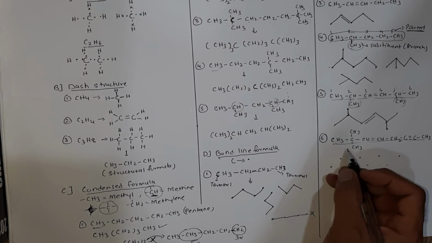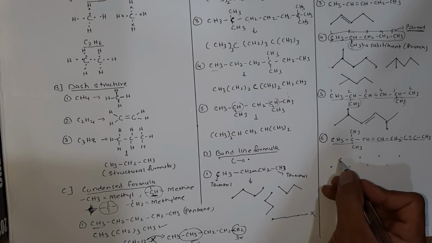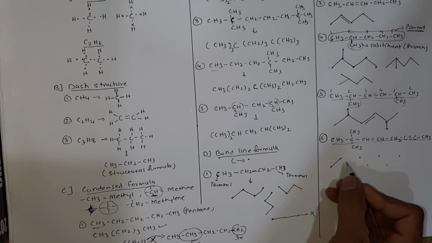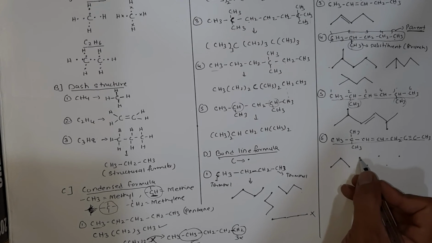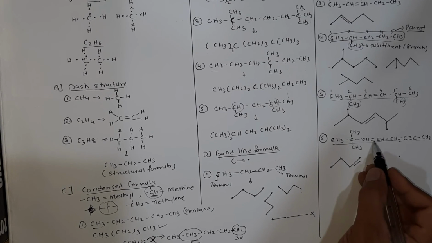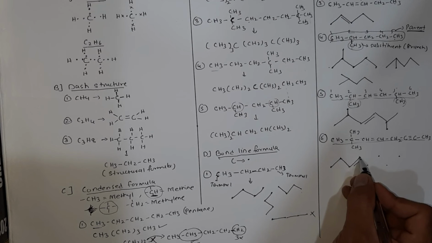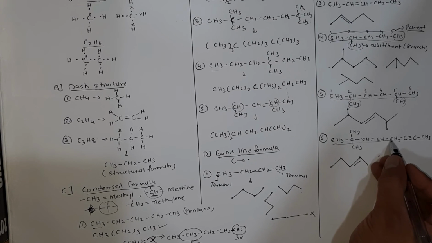Now from the left hand side, first and second carbon a single bond, second and third carbon a single bond, then you have a double bond. Then again a single bond. See properly.